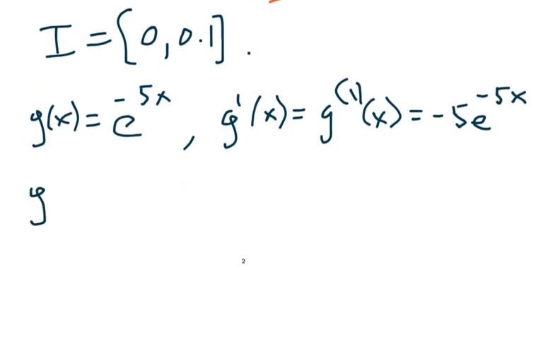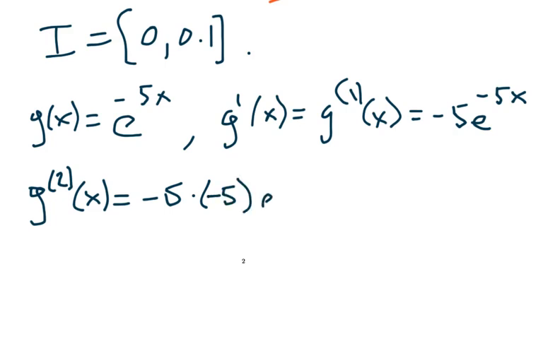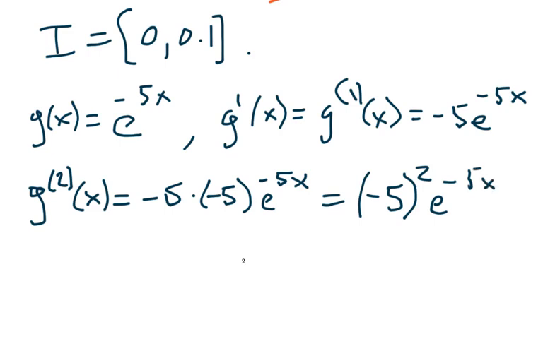And then we get g2, the second derivative. Well, this is minus 5 times minus 5 e to the minus 5x. It just brings down another minus 5. So we get minus 5 squared e to the minus 5x.